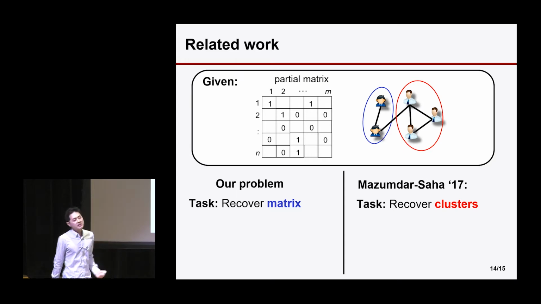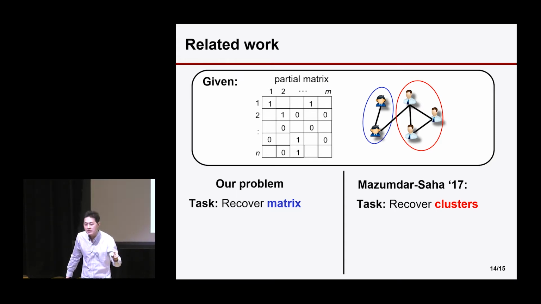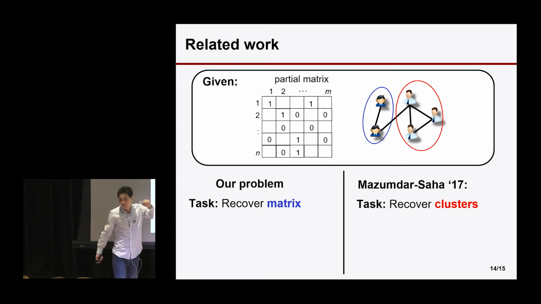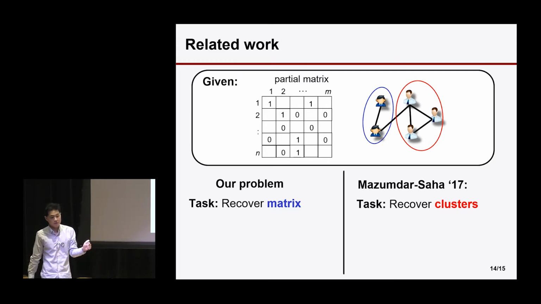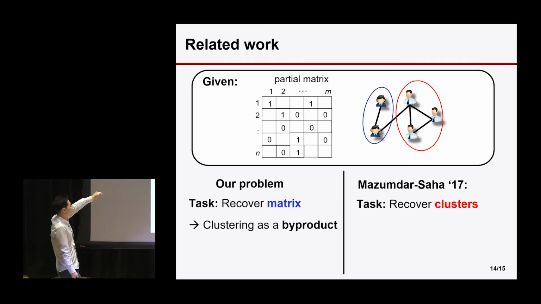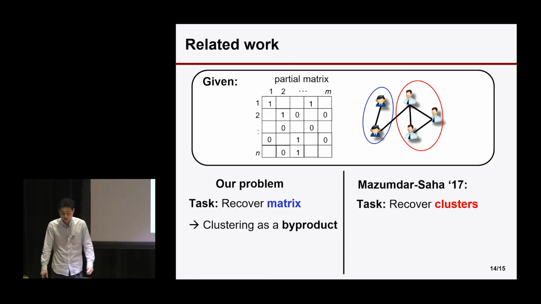In that problem, exact clustering does not guarantee the recovery of the rating vector. But on the other hand, in our problem setting, matrix completion also guarantees the exact clustering, meaning that the exact clustering comes just as a consequence of matrix completion. So in that regard, these problems are different.